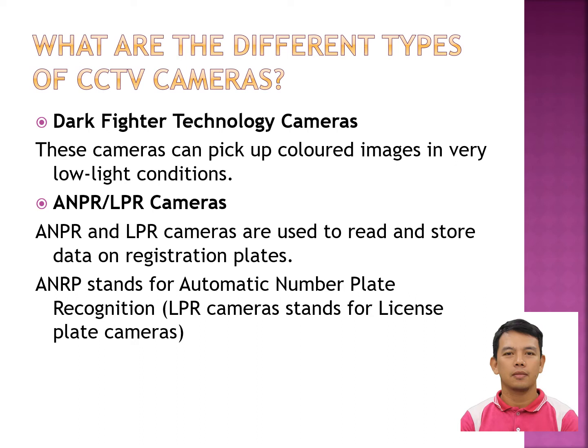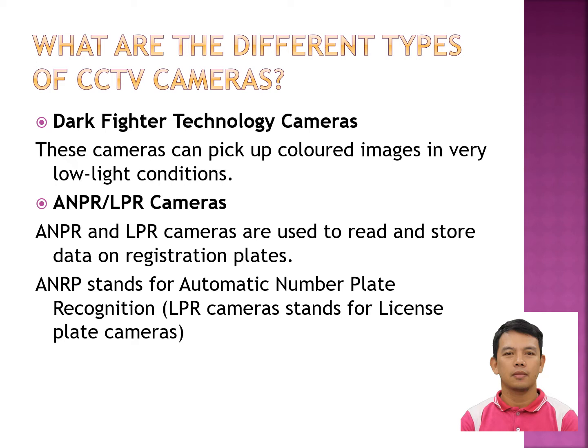So ANPR or LPR cameras are used to read and store data on registration plates. This camera is mostly installed in the streets, katong mga overspeeding, katong mga reckless drivers.